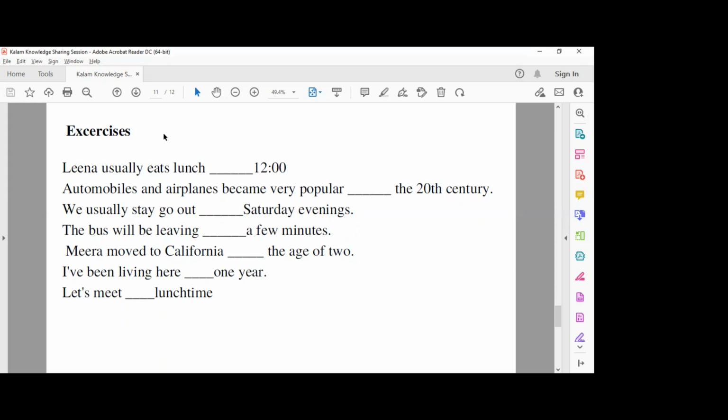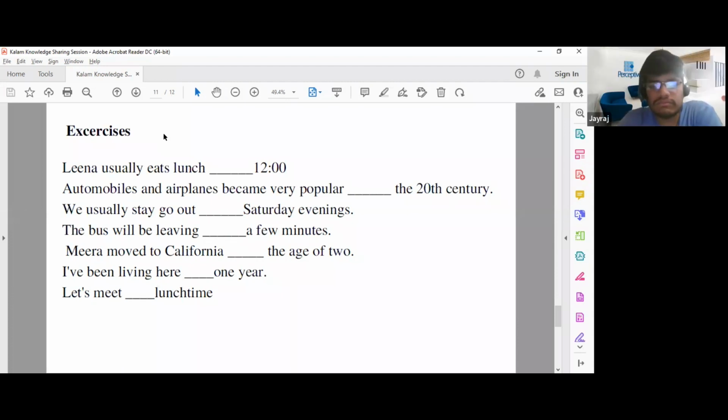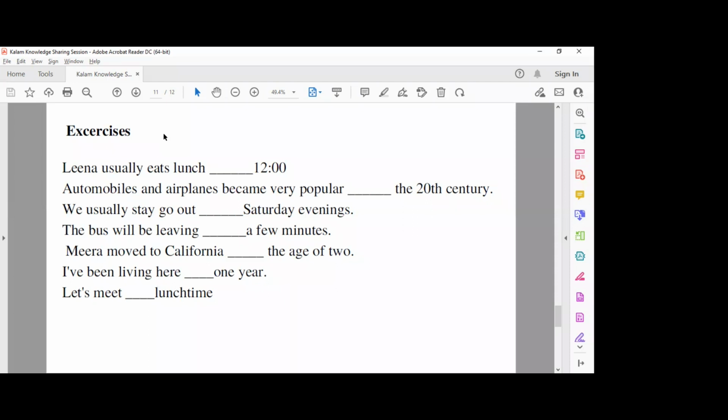Yes, on, because we are talking about Saturday evenings. So here we have to use on.